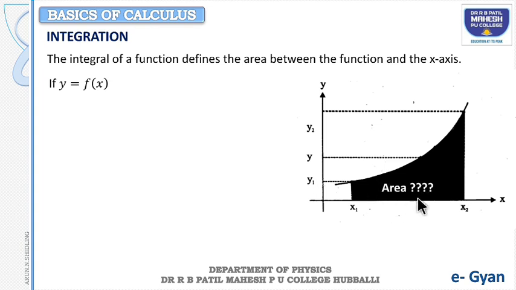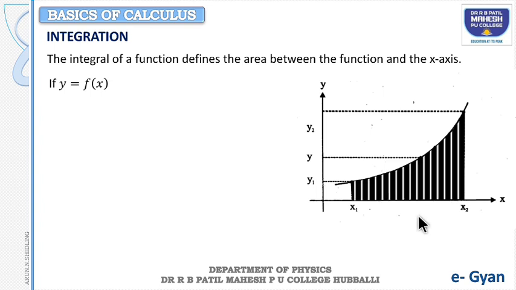Now, to get this area, I will make things a bit simple so that integration becomes easy. Let me divide this area into some segments. The reason is I cannot directly find the area of this region, because it is not a regular geometrical shape. It is neither a trapezium nor a rectangle. So I'll divide this area into some rectangles.